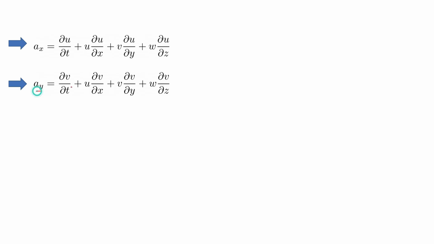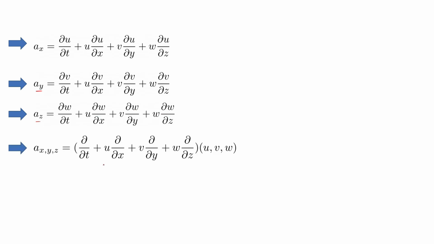This becomes dou v by dou t plus u into dou v by dou x plus v into dou v by dou y plus w into dou v by dou z. And acceleration in z direction will become dou w by dou t plus u into dou w by dou x plus v into dou w by dou y plus w into dou w by dou z.